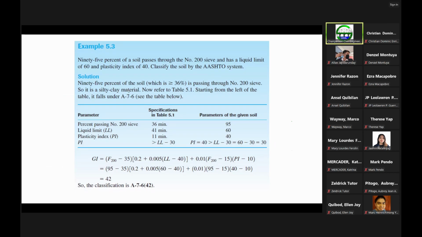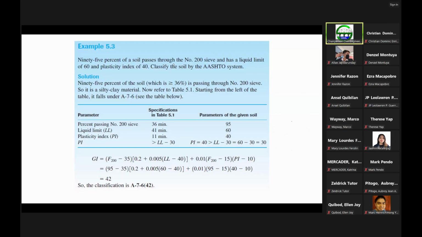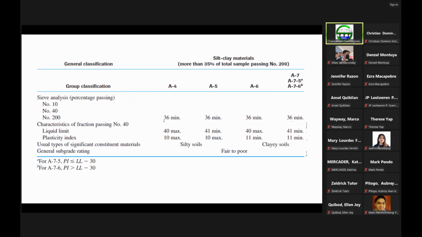Again, starting from left to right in the table, that's 95%, a liquid limit of 60%, and PI of 40. It satisfies the first criterion because these are all 36 minimum.